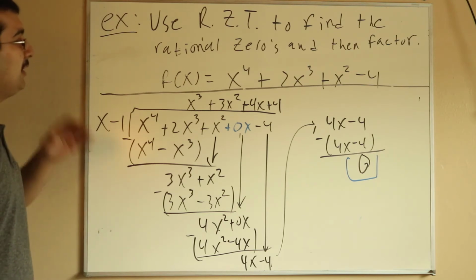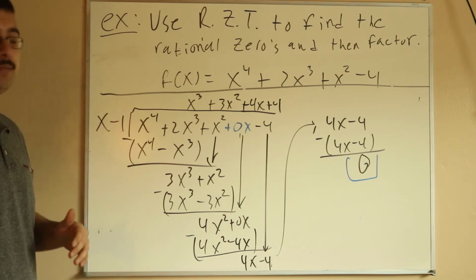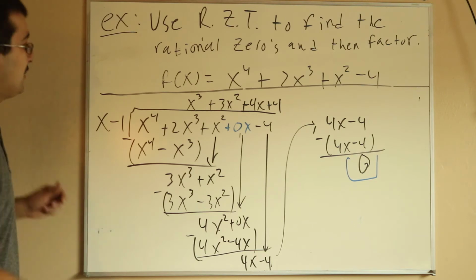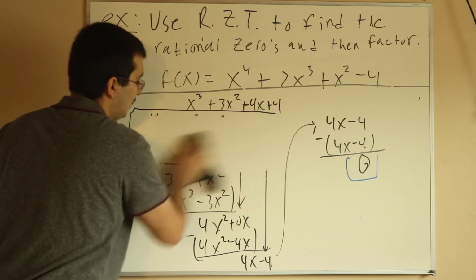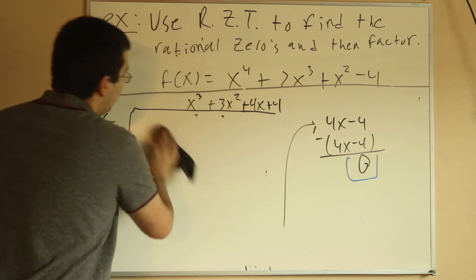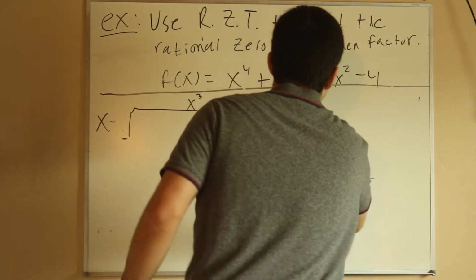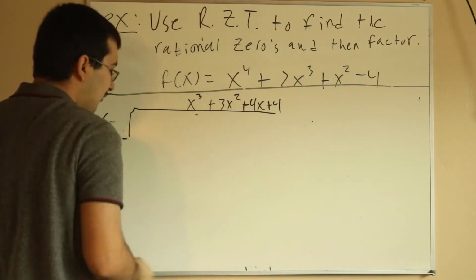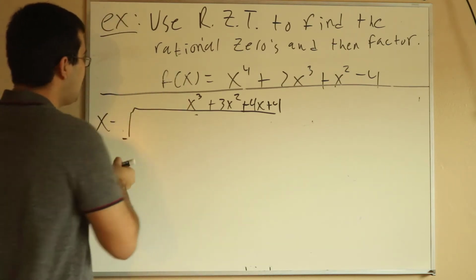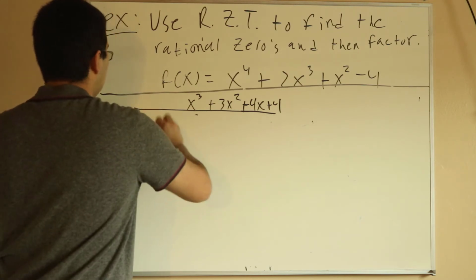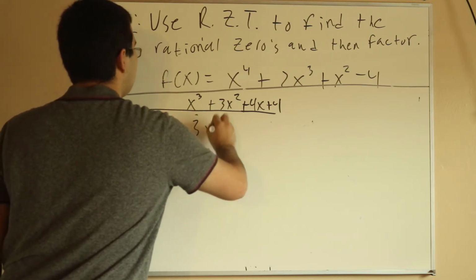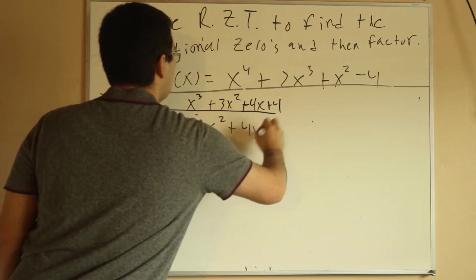So in other words, what I'm trying to get at, and I'm going to need to erase the board, so if you haven't done so already, go ahead and pause the video to copy my work. We used that first factor to simplify our function down to this new function, x cubed plus 3x squared plus 4x plus 4.